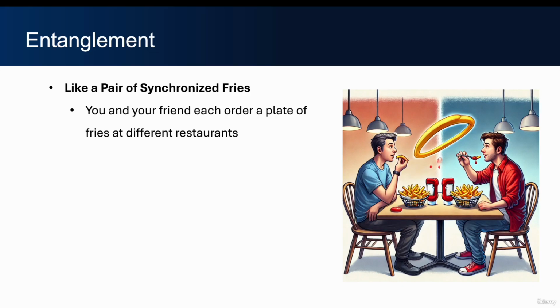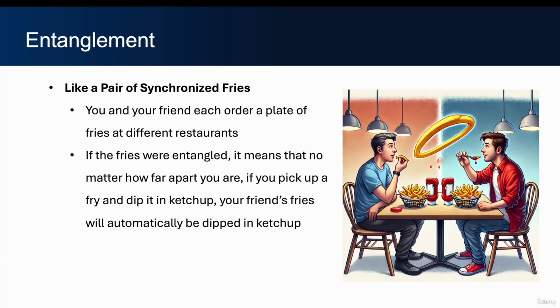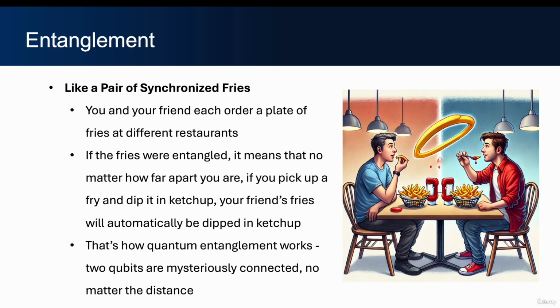Now, if the fries were entangled, it means that no matter how far apart you are, if you pick up a fry and dip it in the ketchup, your friend's fries will automatically be dipped in ketchup too, without them doing anything. That's how quantum entanglement works. Two qubits are mysteriously connected no matter the distance.